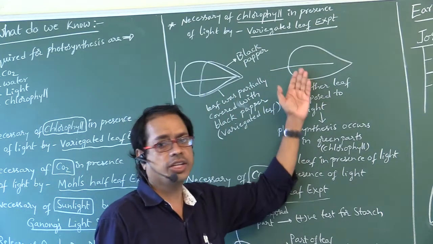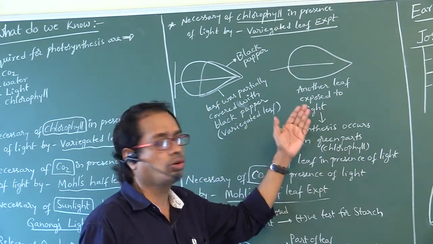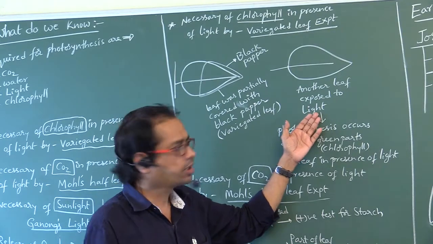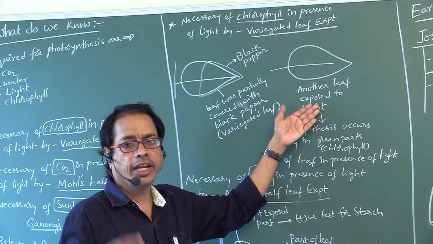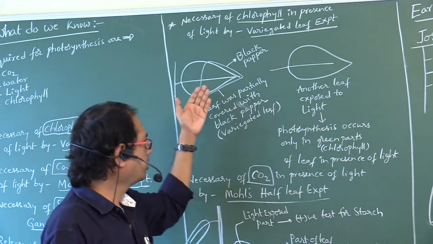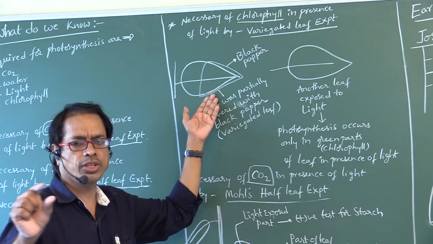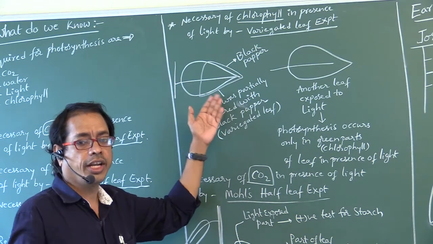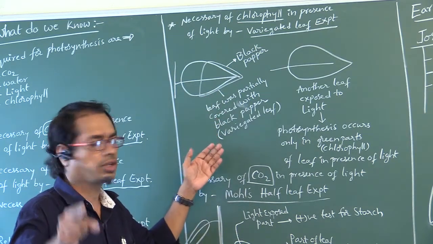Another leaf is taken and exposed to light. If this part is taken, it will give a positive test for iodine. But here there is no photosynthesis, so it gives a negative test.